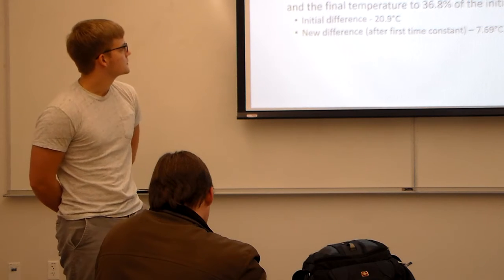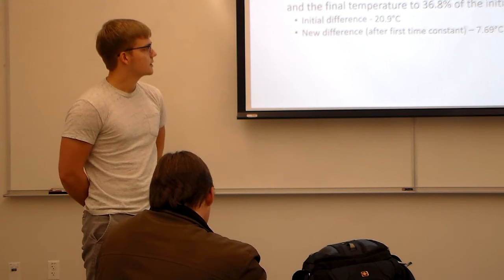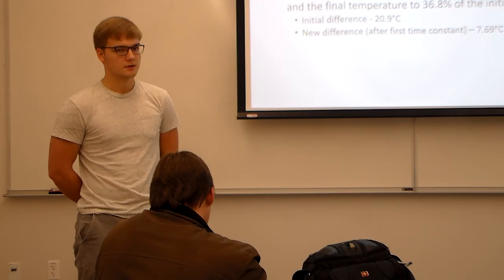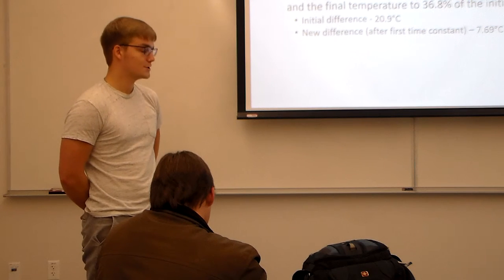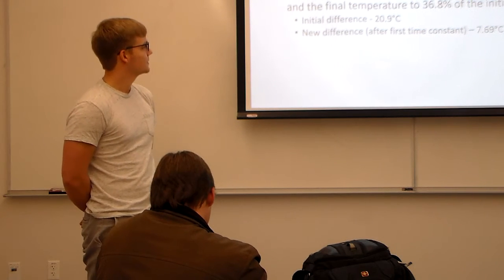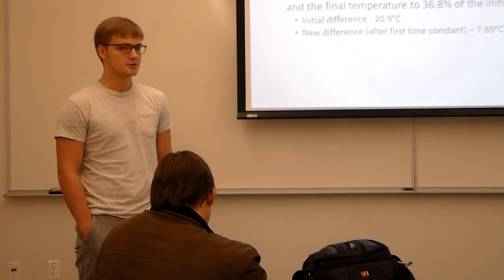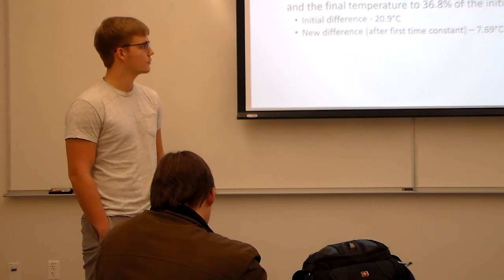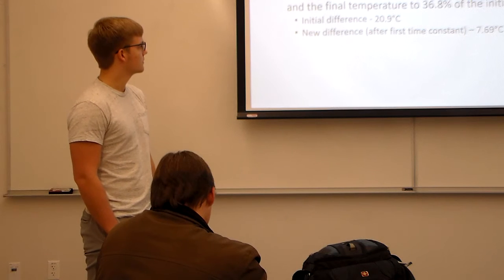So the experiment results, we expect that because the time taken to cool the thermocouple based on the boundary conditions that I marked is 20 seconds, our time constant should be about 4 seconds, which would be 20 divided by 5.